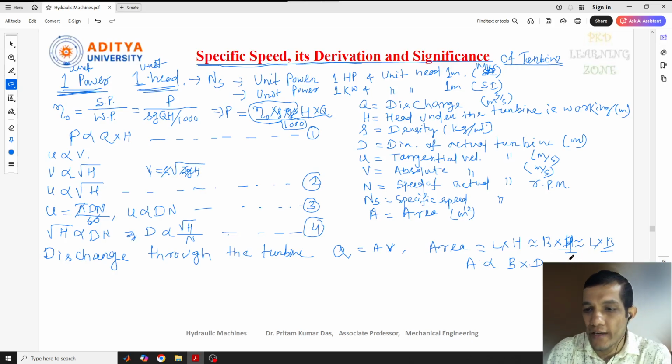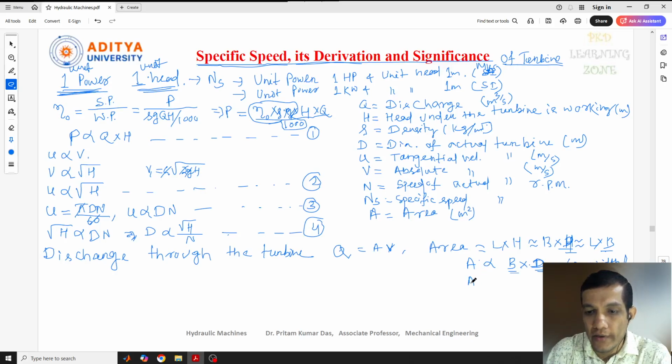B is the width here. This can also be considered as diameter, and this is breadth also. Anyway, the dimension required is meter into meter, so that will be area in meter square.